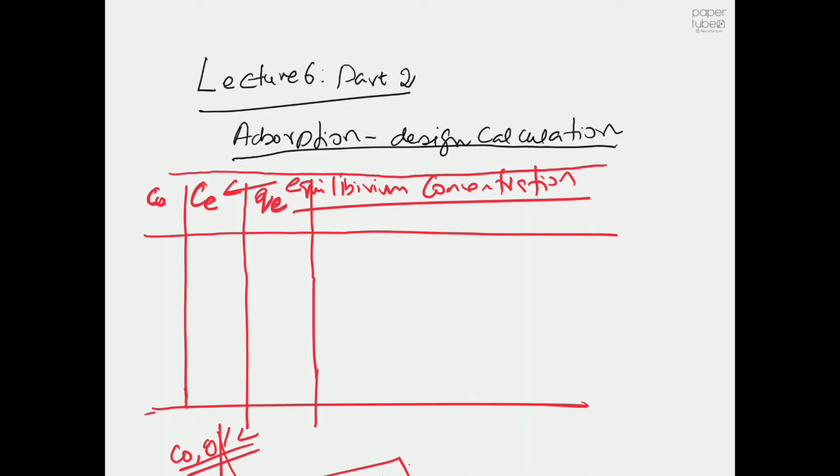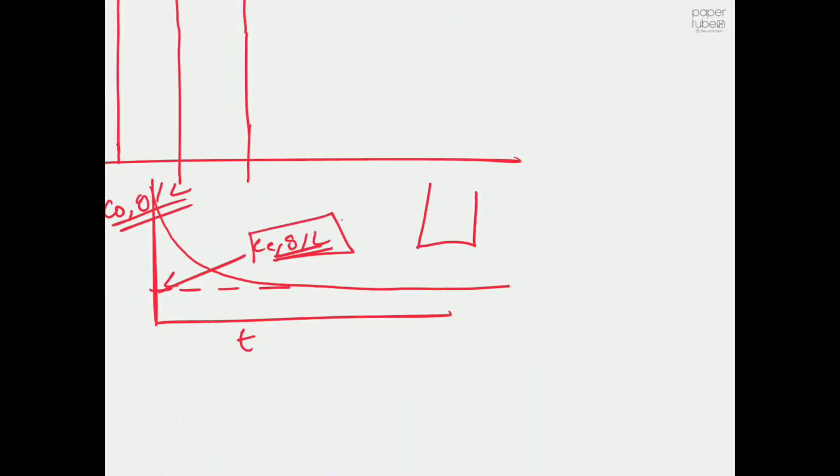So it's really an easy experiment. All you need is to take a vial or some reactor, put in your solution, and you must know the initial concentration of the solution, say C0 grams per liter. Add your adsorbent. You need to know the mass of your adsorbent, say in grams, and then you provide agitation and monitor the kinetics, something like what is shown in this graph.